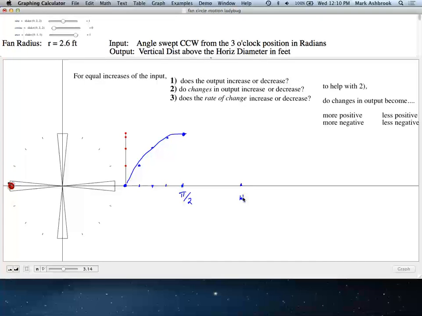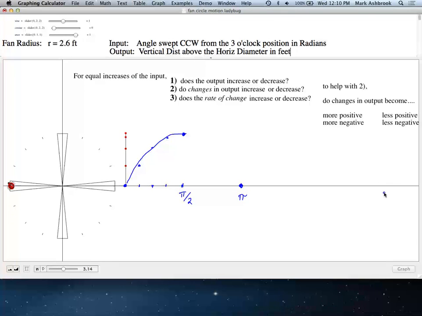Pi. The openness of pi radians, which comes from about 3.14 radius lengths covering half of a circle. So the output returns back to 0.